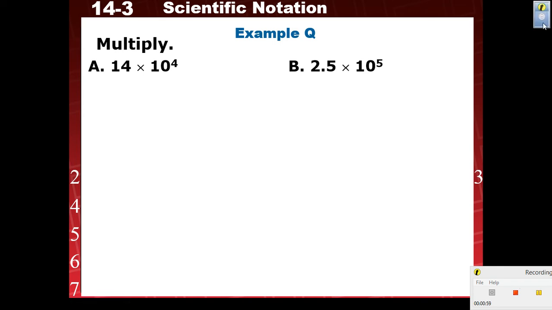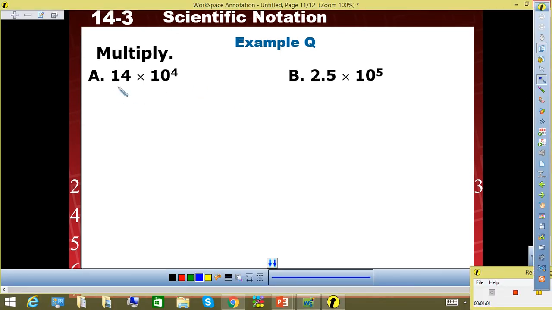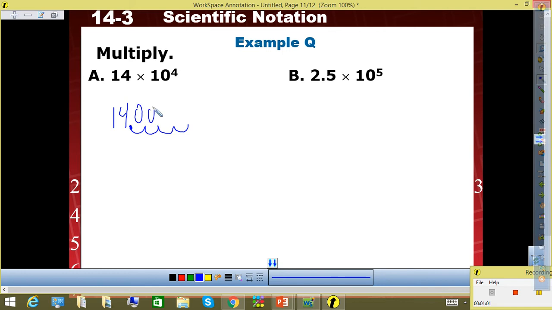Okay? So from there, we started with these. Let's see if you remember. Here it goes. The process for these was: you write the number down. When you multiply, this is base 10, so you need to look at the decimal, which is right here, and move it 4 times to the right. 1, 2, 3, 4. Add zeros.